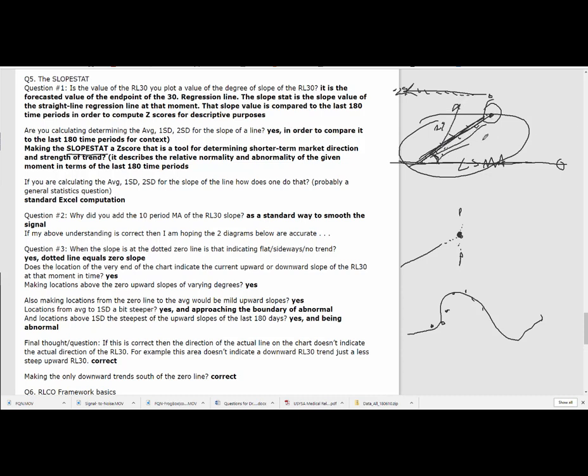So what I do to compute the slope stat is look back 180 days or time periods, and we draw all of these slopes, and we record the slope value of each of those rolling 30-period slope lines. And then for those 180, we find the max, the min, the average, and the SD, which is a box.